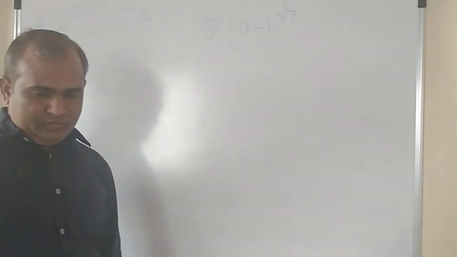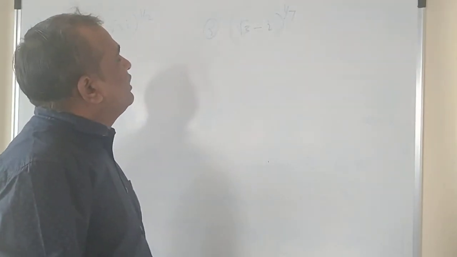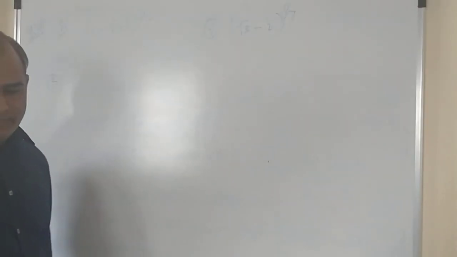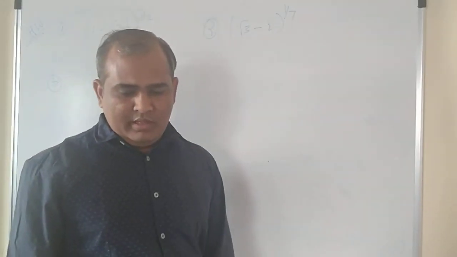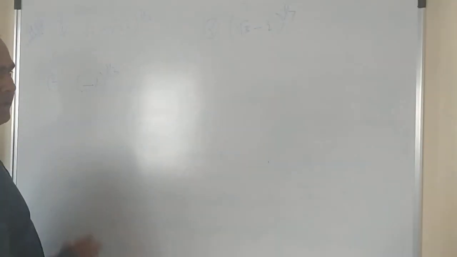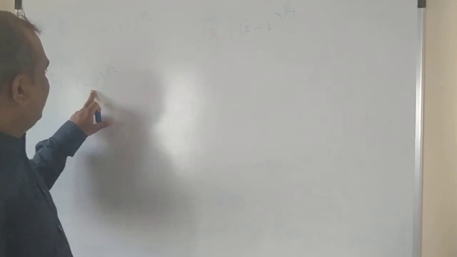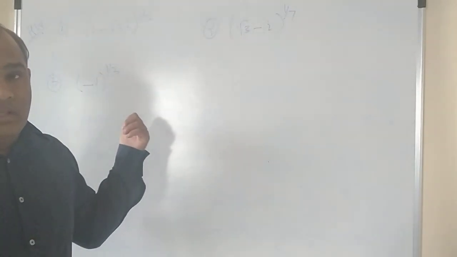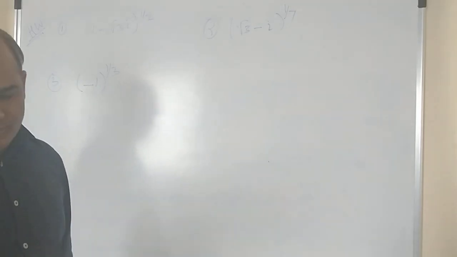Third problem is find the cube root of minus 1. Yesterday I think the cube root problems were there. I don't know whether this was there or not, but cube root of unity was there, right?